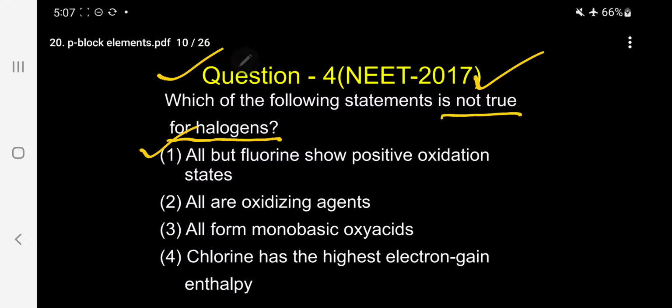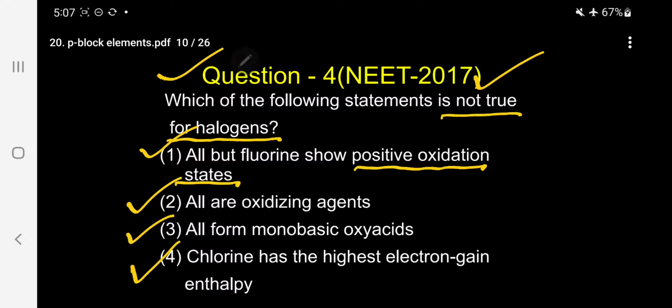All but fluorine show positive oxidation state. 2. All are oxidizing agents. 3. All form monobasic oxyacids. 4. Chlorine has highest electron gain enthalpy. So, which of the following statements is not true for halogens?